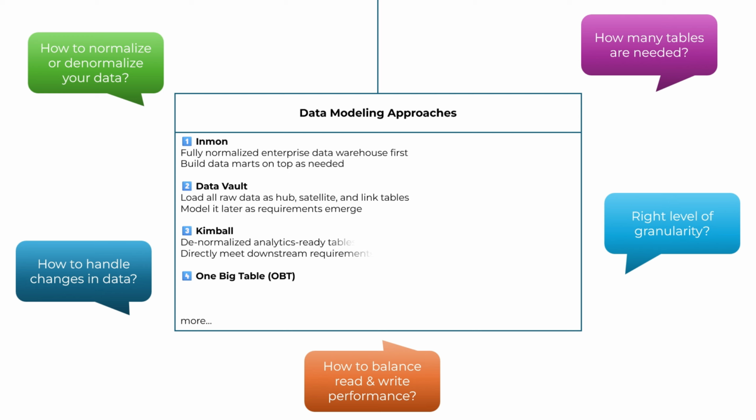The Kimball approach takes a more practical and simpler path. It focuses on designing denormalized analytics-ready tables in star or snowflake schemas that directly meet downstream requirements. And then there's the one big table approach, which I like to call a rebel method. In this, for each use case, we create a massive, fully denormalized table with all the facts and dimensions pre-joined.